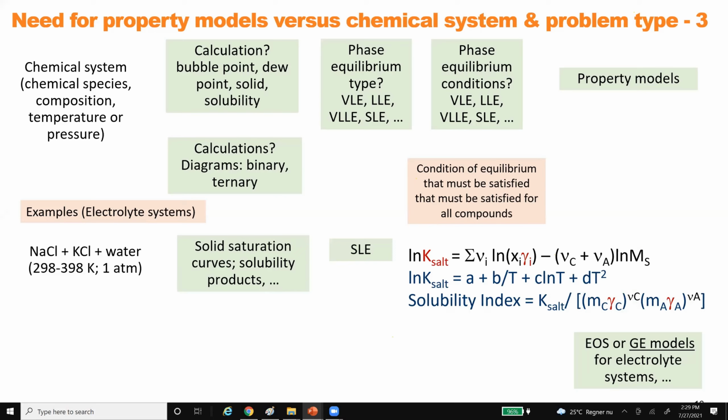So K salt is the chemical equilibrium constant, and the other equation is the physical equilibrium. So we satisfy the physical equilibrium and the chemical equilibrium. We need a model for the chemical equilibrium, which is K as a function of temperature, or we can minimize the Gibbs energy. On the right-hand side of the top equation, we have the physical equilibrium where we need to provide the activity coefficient.